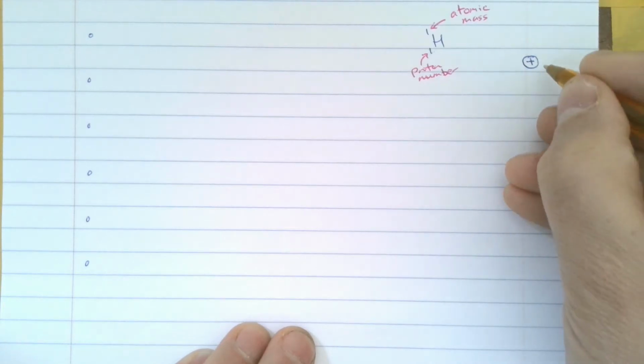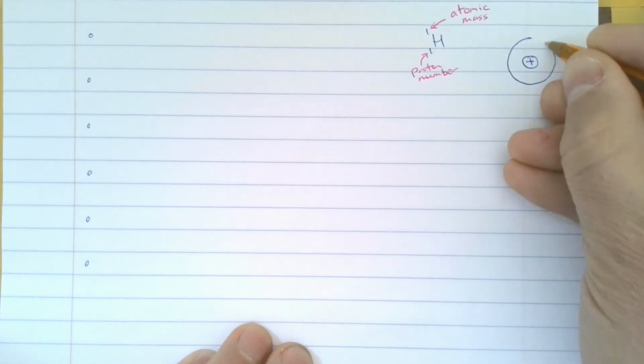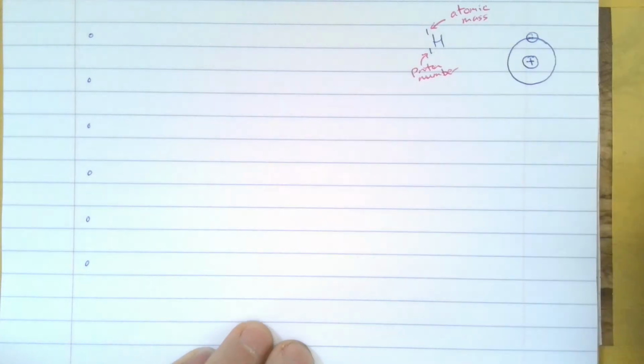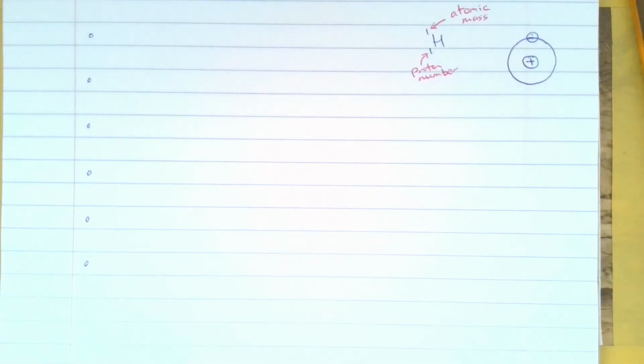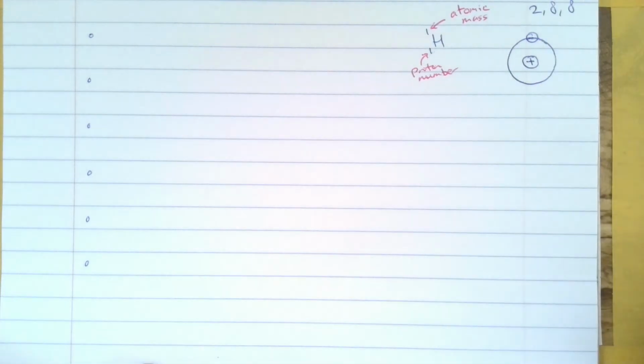However many protons there are, there's always the same number of electrons. And I can remember as well that in my orbitals they always go 2, 8, 8.